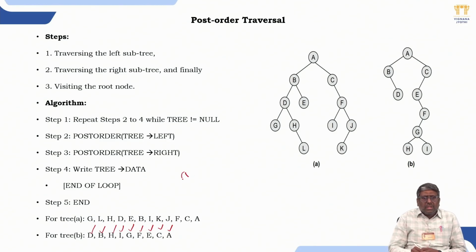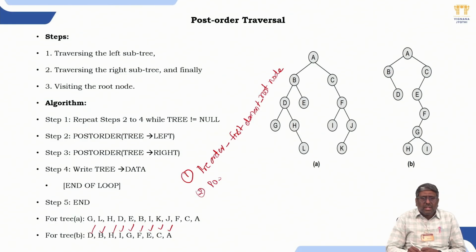The first one: in the pre-order traversal, the first element is always the root node. And the second one: in the post-order traversal, always the last element is the root node.